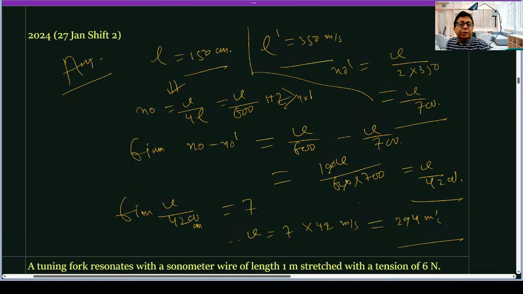So it is 294 meter per second. Clear? Understood? Go for next problem.